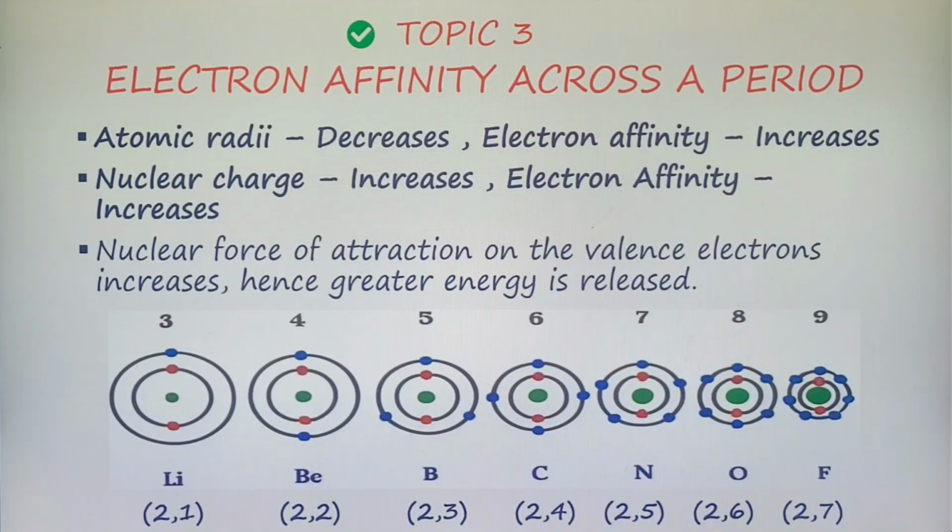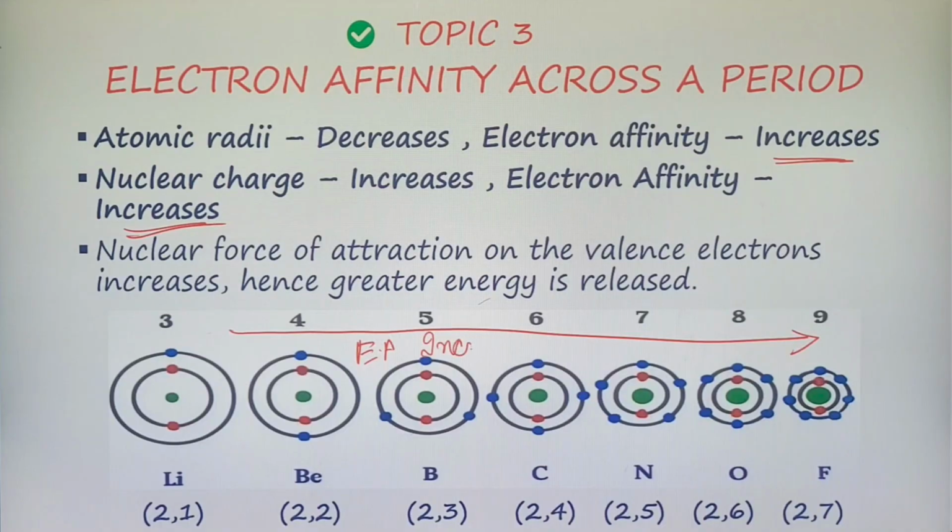Electron affinity is increasing because of the first factor, and because of the second factor also, it is increasing. So overall, from left to right, electron affinity or EA will always increase.